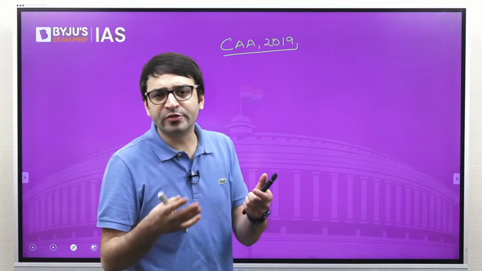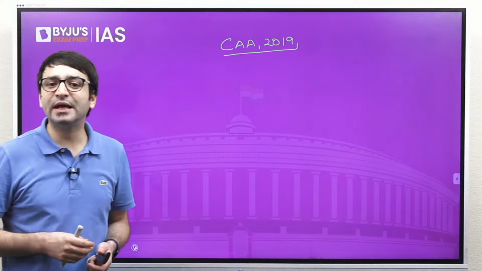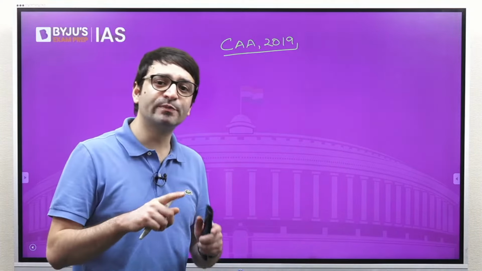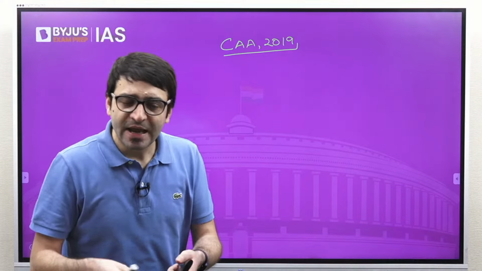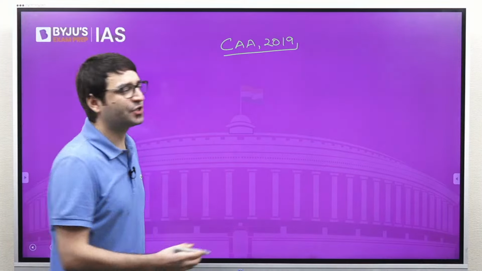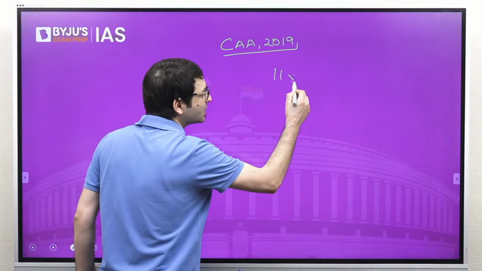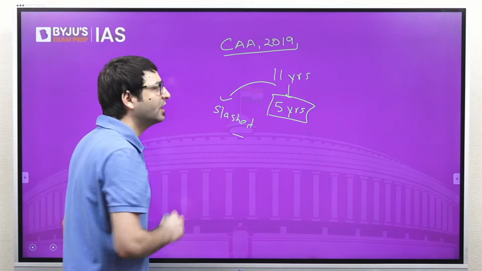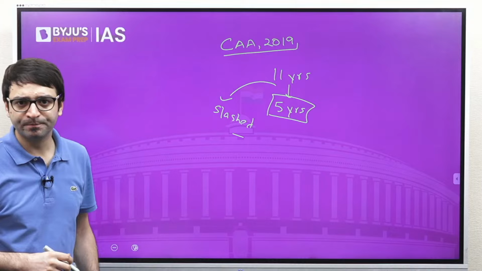And when you are not treated as illegal migrant, which means you are eligible for citizenship. And you will be eligible for citizenship through naturalization. And in fact, the period of naturalization, which originally was 11 years, for these 6 religious minorities, the period of naturalization is slashed from 11 to 5 years.